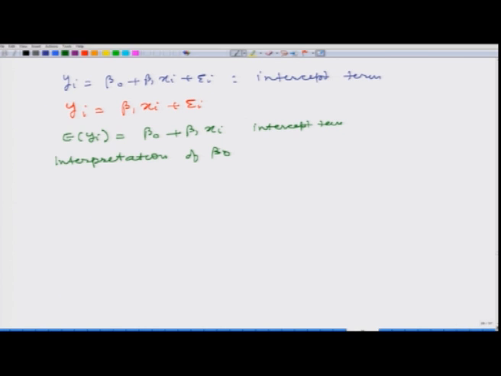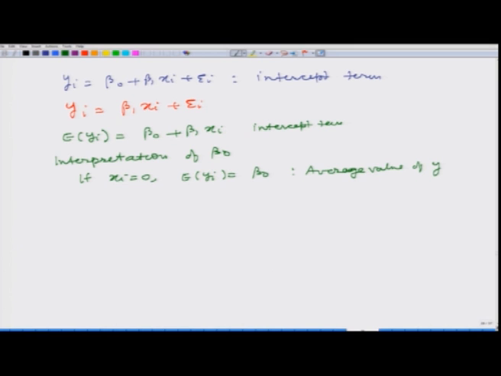Beta 0 is nothing but, if xi is equal to 0, then the expected value of yi is equal to beta 0. That means beta 0 is nothing but the average value of y.